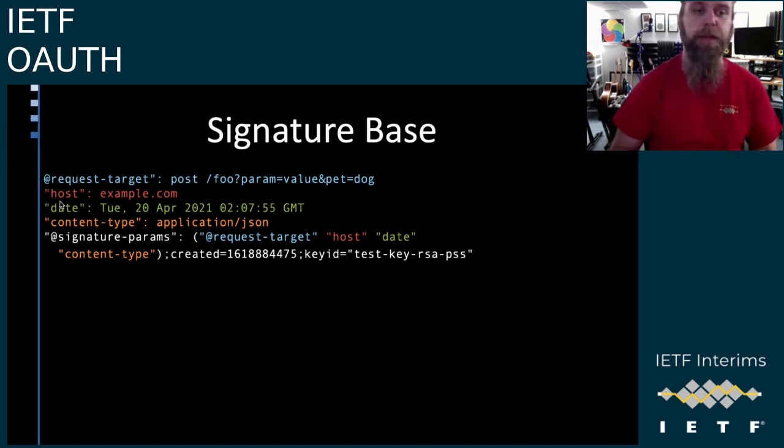I'd have to check the ABNF. But that's why it gets quotes around it. That's why it's lowercase and all of that. You do not just take the header line as printed out. You have to construct it with this identifier field and the separator, and then the header value itself.